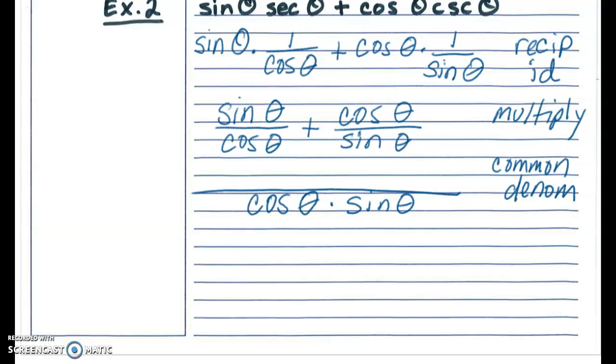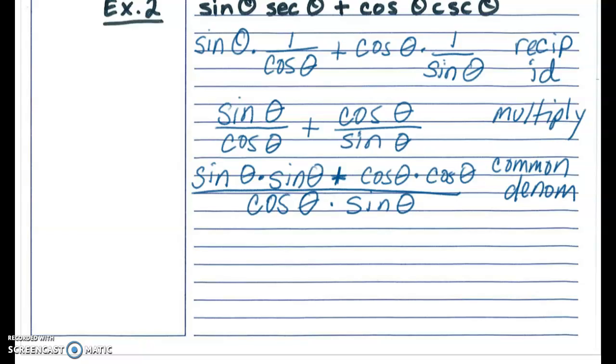I'm missing a sine, so I have to do sine theta that's existing times another sine theta that was missing, plus, looking at my fraction on the right, I have sine theta times what gives me cosine theta sine theta. I see what's missing is the cosine theta, so cosine theta times cosine theta. All I'm doing is making that common denominator.